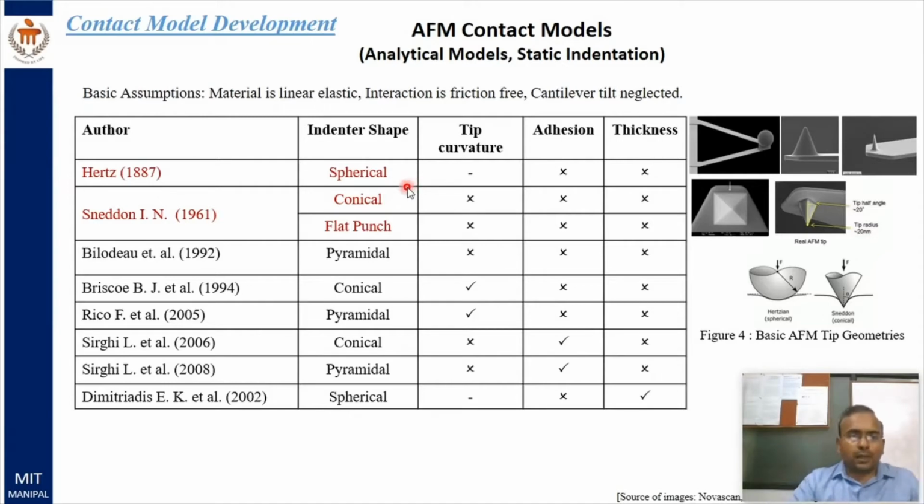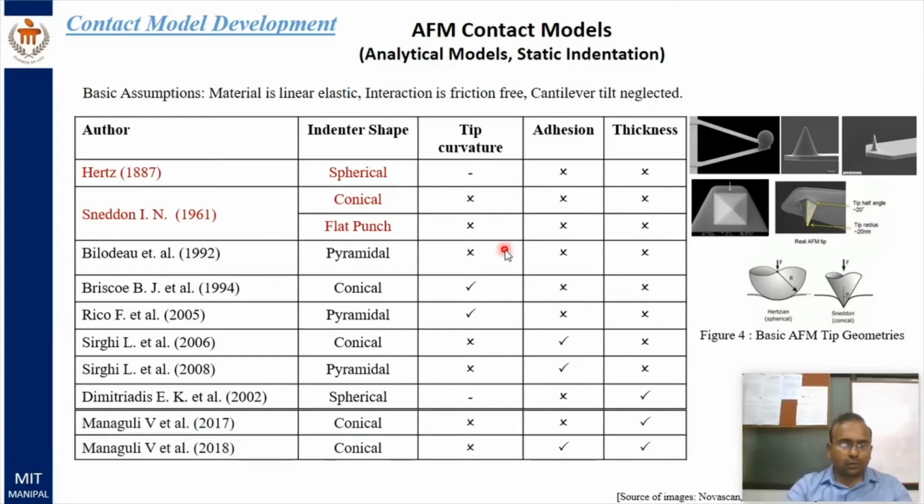These equations come with many assumptions involved in them, and the researchers worked on improving these contact models, and we can see the list goes on. The focus was on including tip curvature or adhesive nature of the material, and even the thickness of the material. So we have also contributed in this direction.